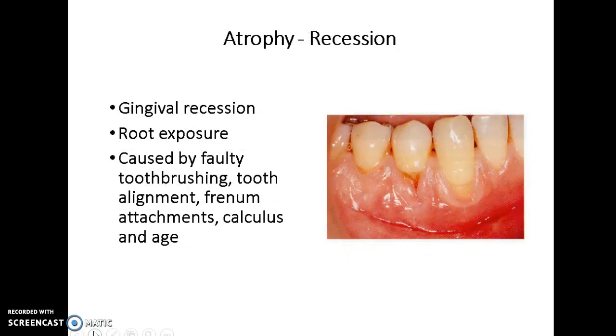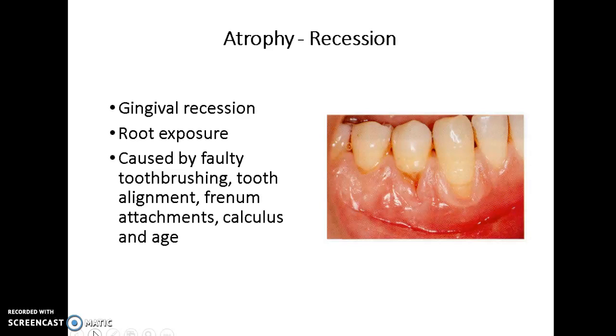Atrophy or recession is another gingival condition. This is where the gingival tissues recede apically and expose the root. This can be caused by faulty toothbrushing, so brushing too hard or using a toothbrush that is too firm, and tooth alignment.